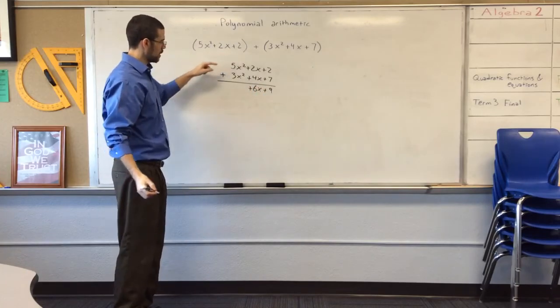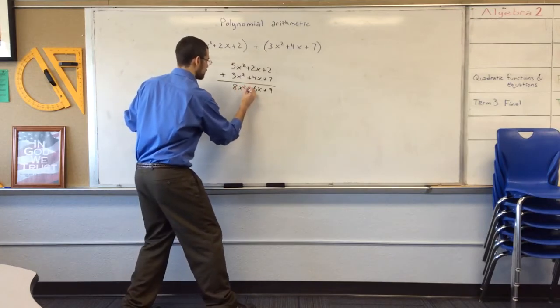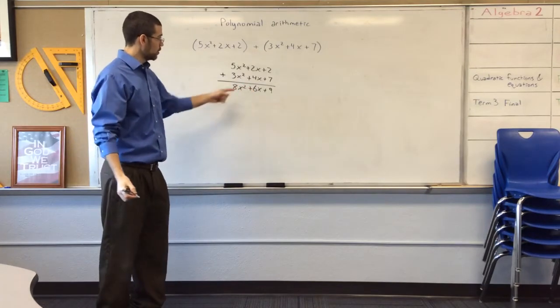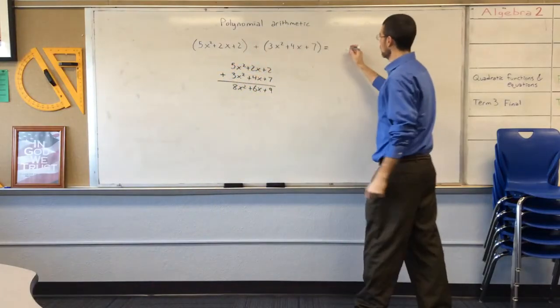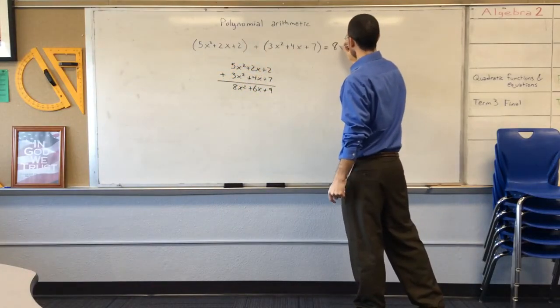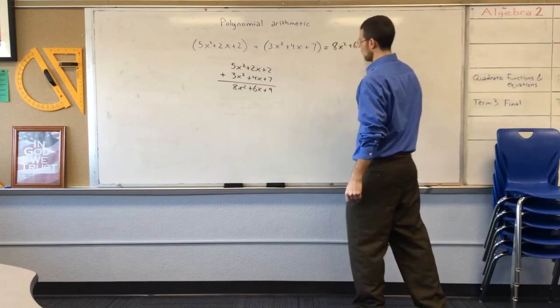And 5x squareds plus 3 more x squareds is 8x squared. So here is our final answer for this polynomial addition. We get 8x squared plus 6x plus 9.